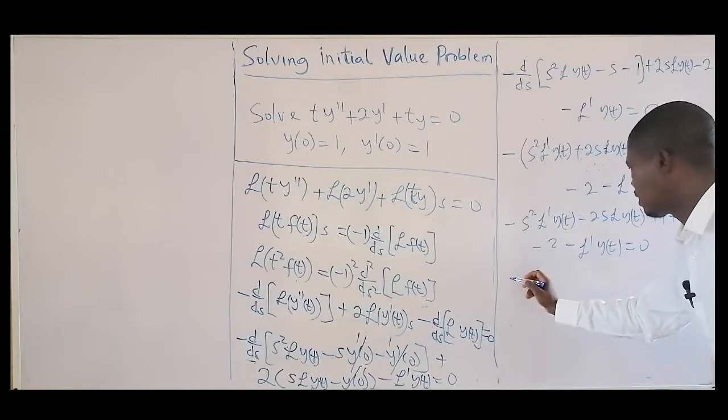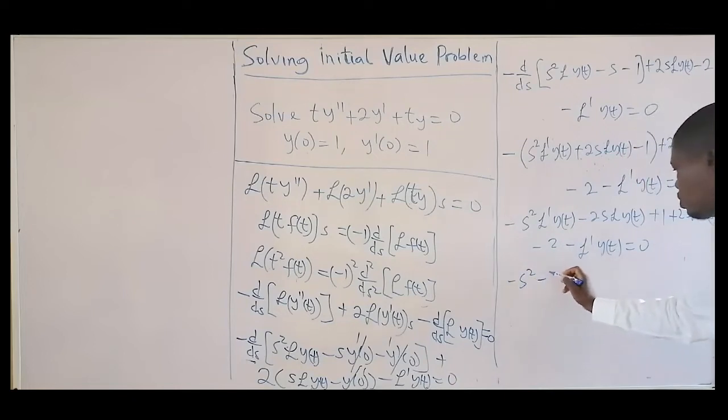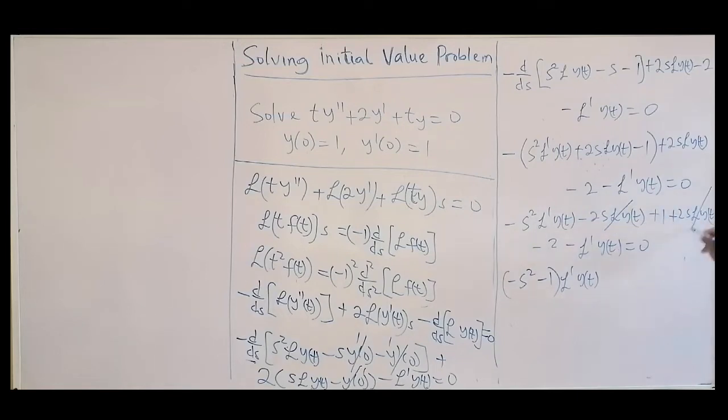We have the Laplace prime factorized as minus s squared minus 1 times Laplace prime y of t. The minus 2s Laplace and plus 2s Laplace cancel out. We now have 1 here and minus 2, which is minus 1.